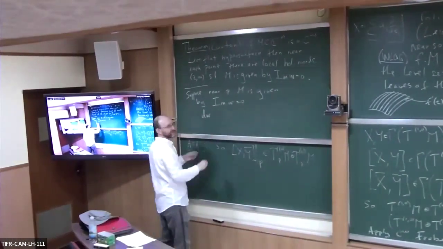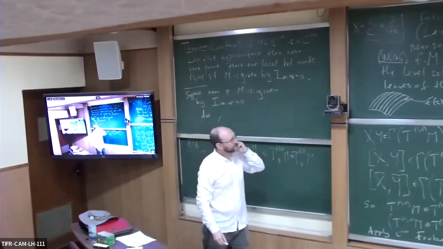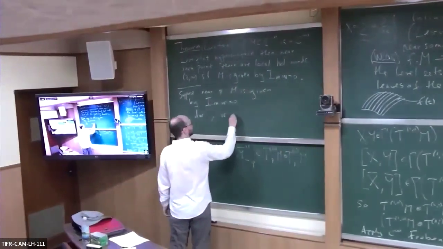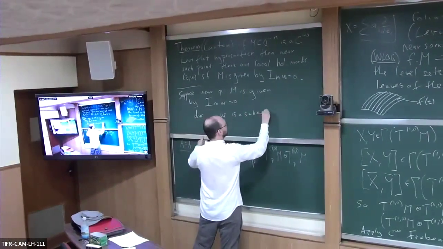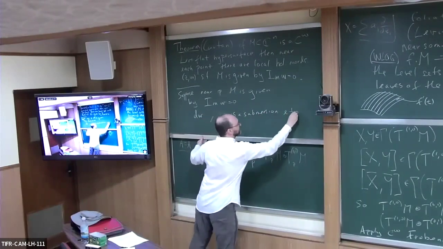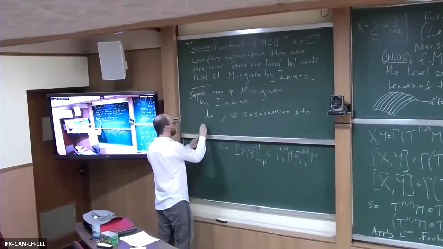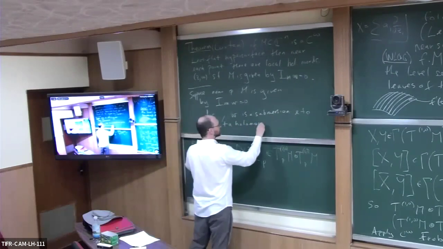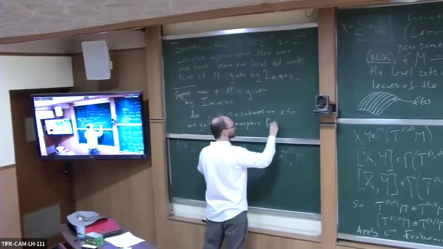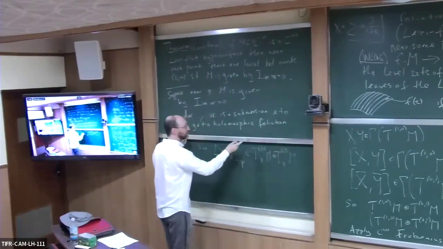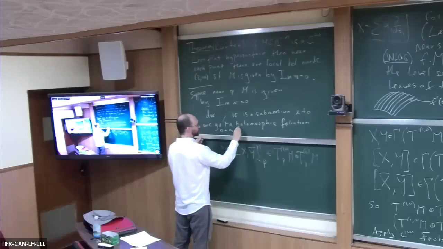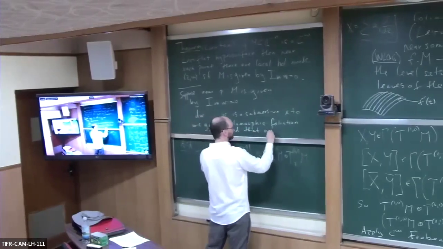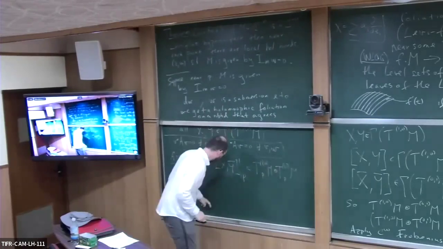I could get it as a one-form, or think of F as a submersion, or w as a submersion, etc. But we get a holomorphic foliation on a neighborhood that agrees with the Levi foliation.